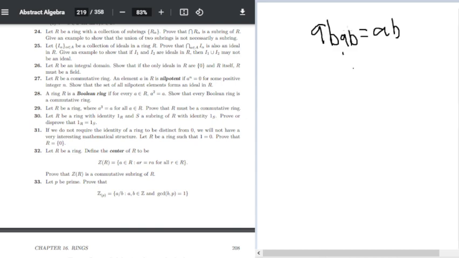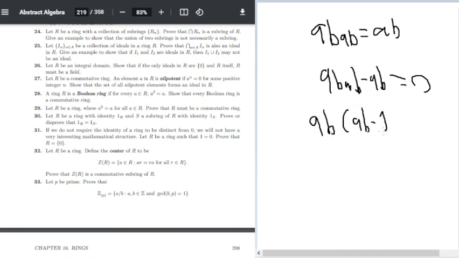I'm wondering, what if we take AB minus AB, we get 0. So let's work in the fact that we have a ring structure as well, not just an almost group structure. So we can factor out an AB to get AB times (AB minus 1) is equal to 0.